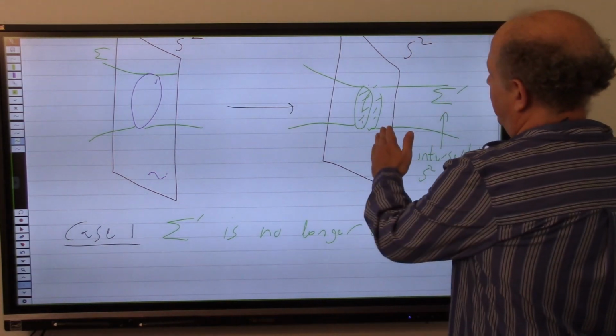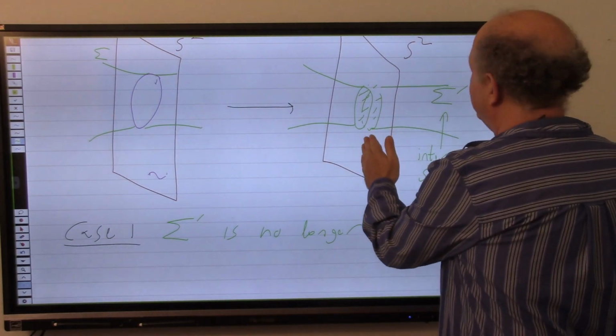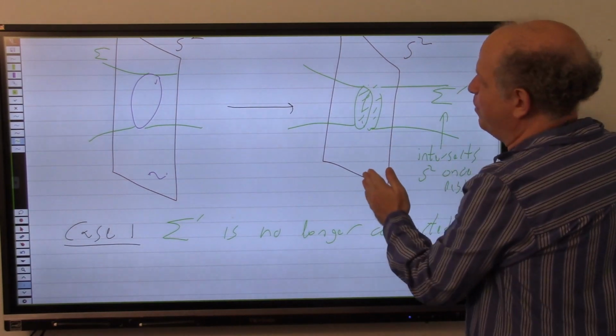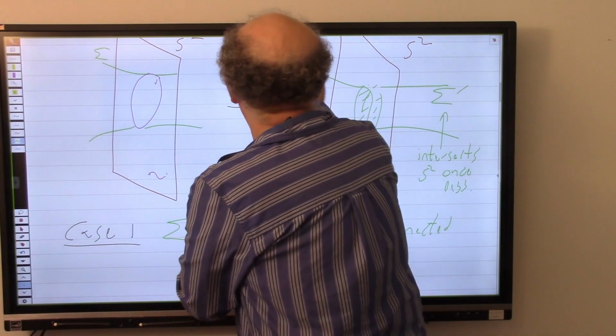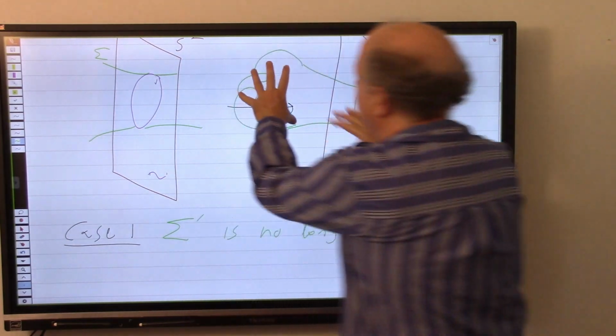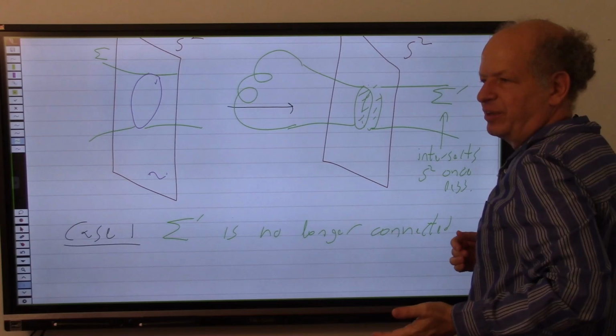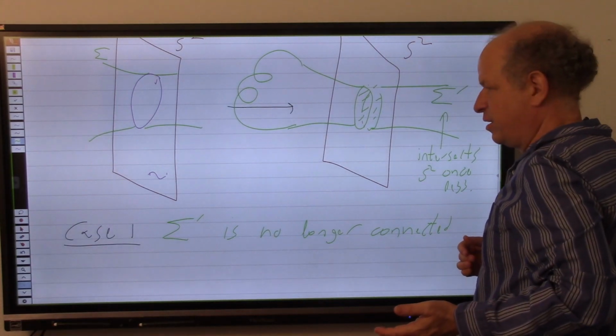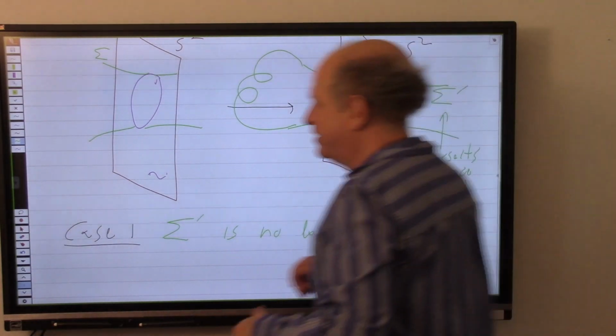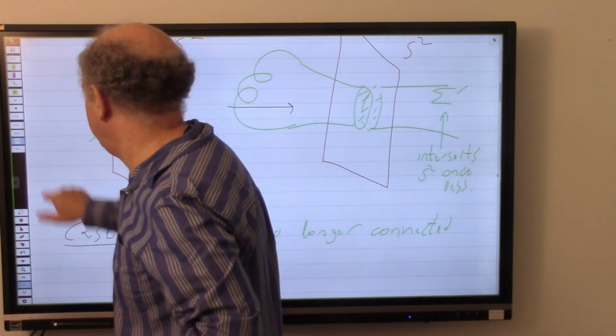This could happen if, for example, the left side of sigma prime closes into itself. Okay, but then let sigma double prime be, so keep only the component.